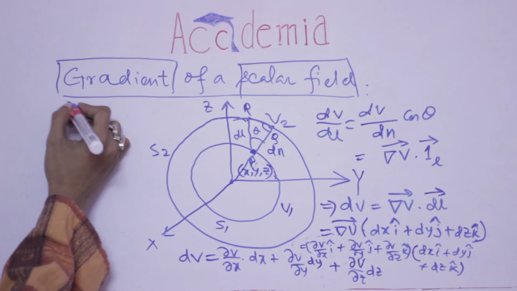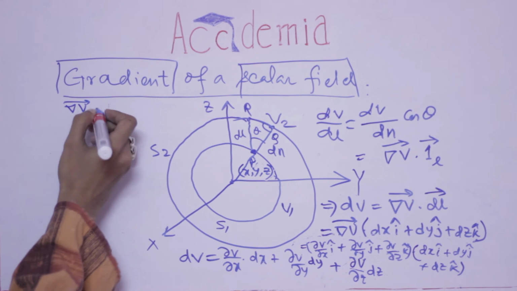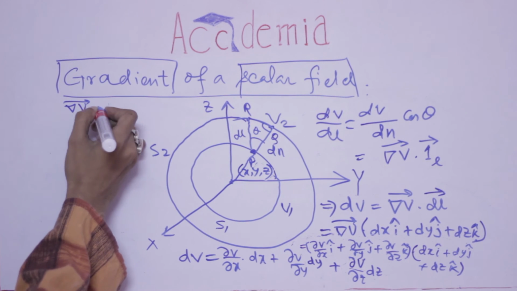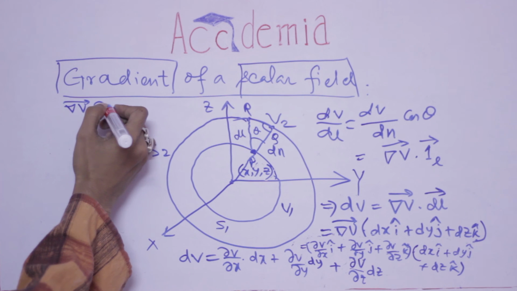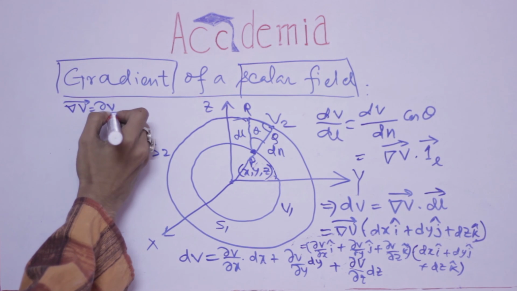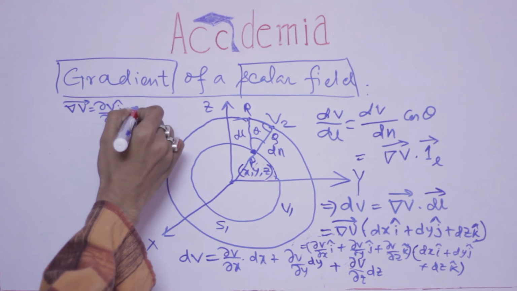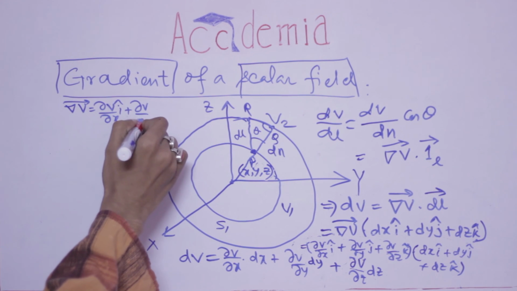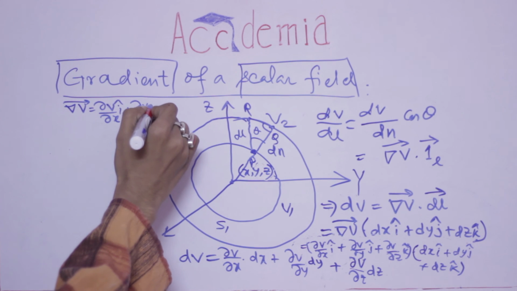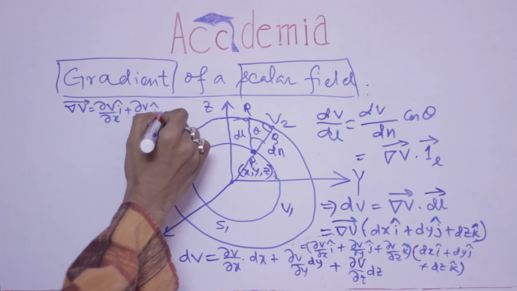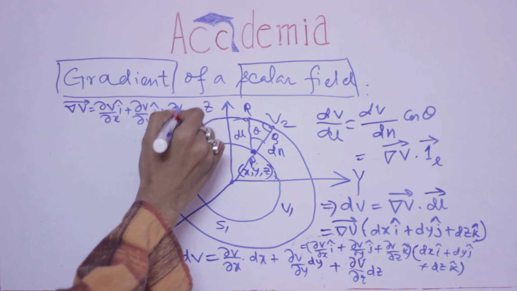Let's write it once again. So grad v is equal to del v del x i plus del v del y j plus del v del z k.